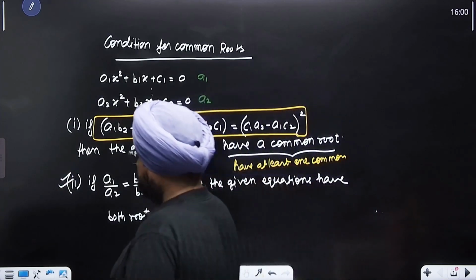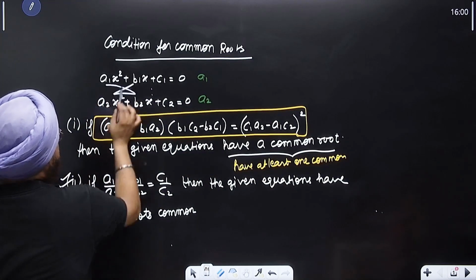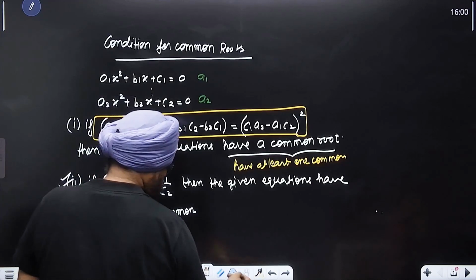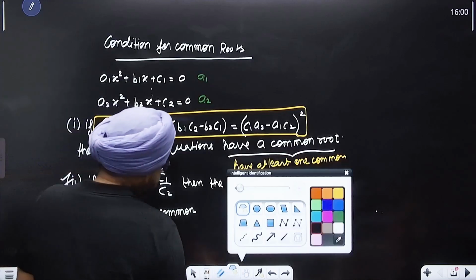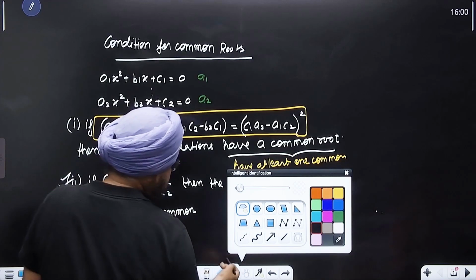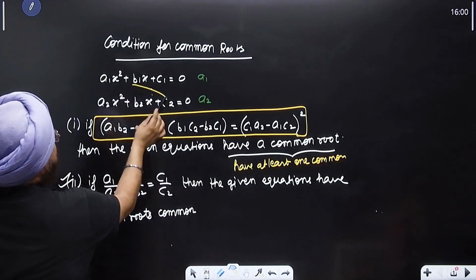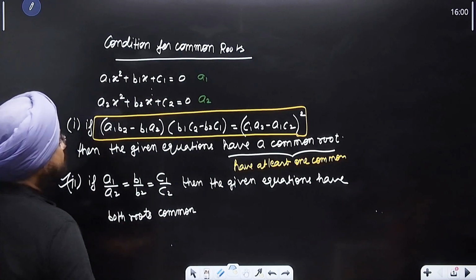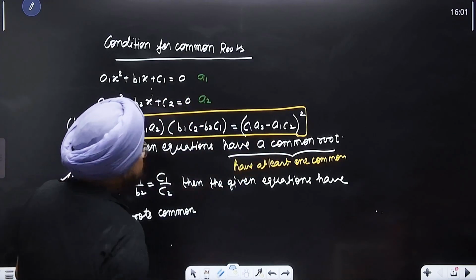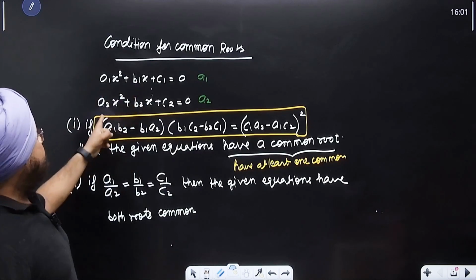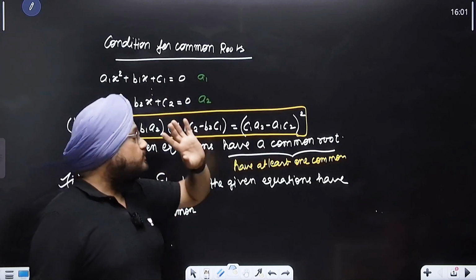Now an easier way to remember this condition is a1 into b2 minus a2 into b1, b1 into c2 minus b2 into c1, and c1 into a2 minus c2 into a1 whole square. a1 b2 minus a2 b1 into b1 c2 minus b2 c1 is equal to c1 a2 minus a1 c2 whole square.